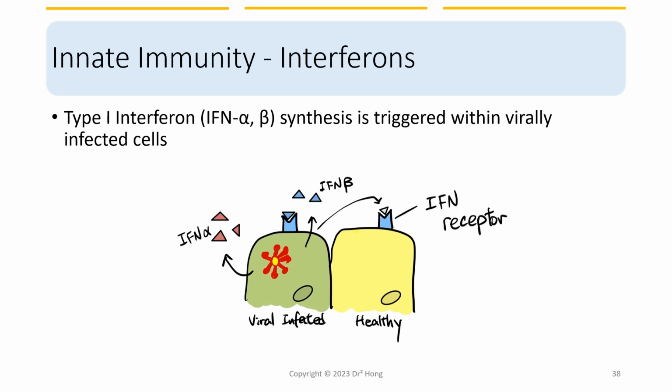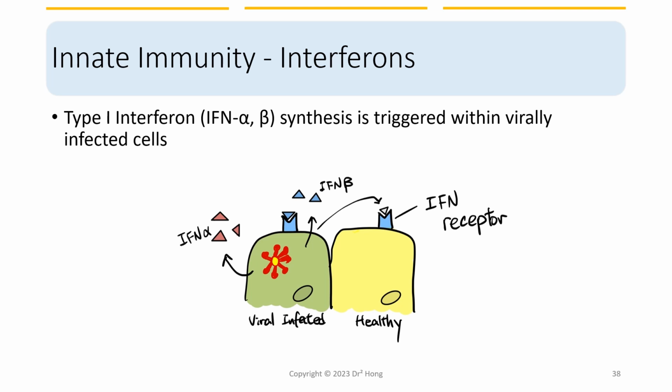So there are several types of interferon, and the type 1 interferons, including interferon alpha and beta, are synthesized when there is a viral infection in the cells. So it triggers virally infected cells to synthesize and excrete interferon alpha and interferon beta.